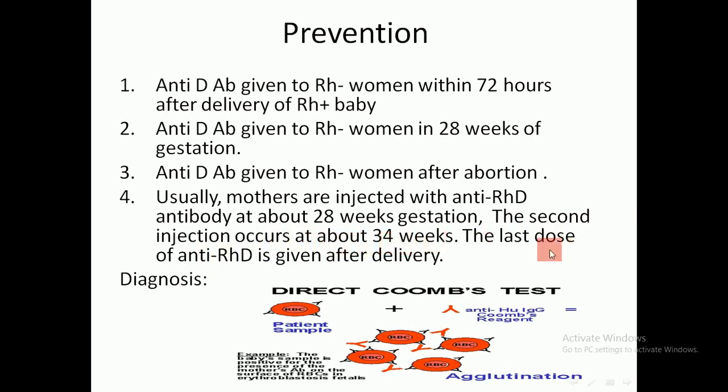The second injection occurs at about 34 weeks, and the last dose of anti-D is given after delivery within 72 hours. So the mother has 3 doses of the anti-D: at 28 weeks of gestation, 34 weeks of gestation, and 72 hours after delivery.